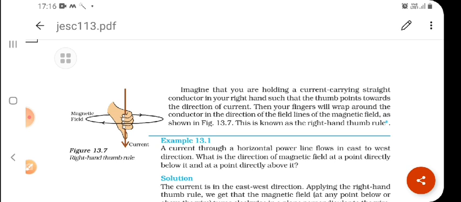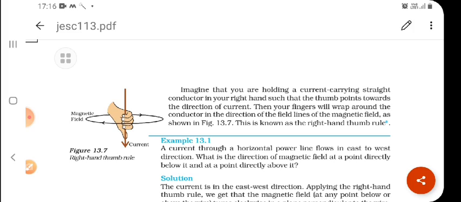If a current carrying conductor is held in the right hand in such a way that the thumb points along the conductor in the direction of the current, then the direction of the curled fingers gives the direction of the magnetic field lines. This is Maxwell's right hand thumb rule.